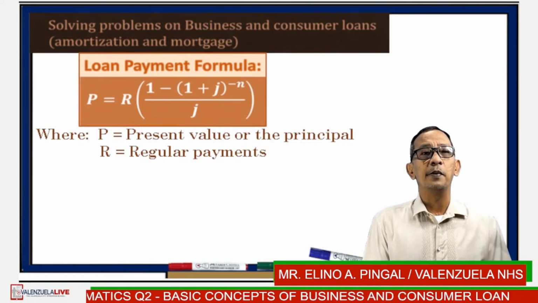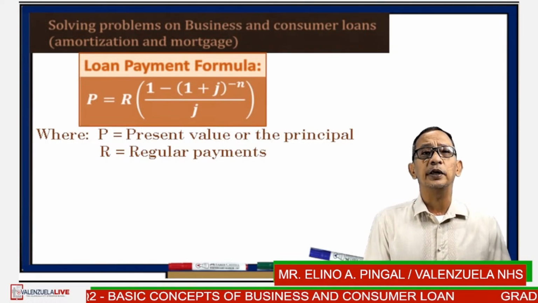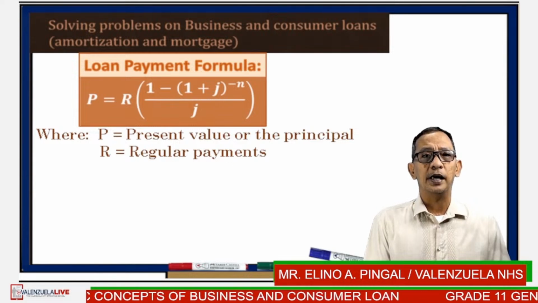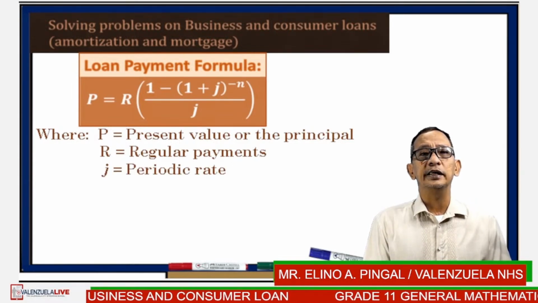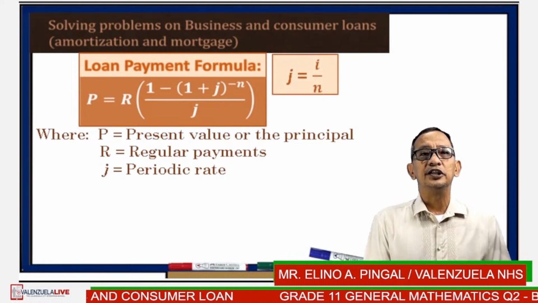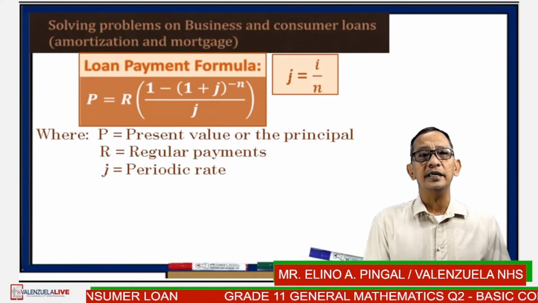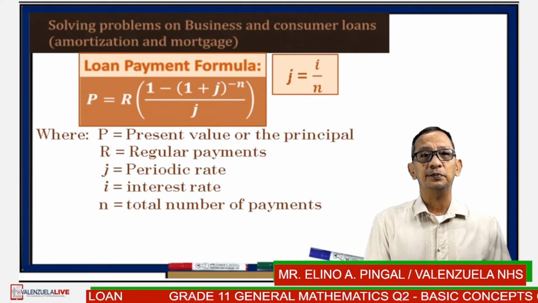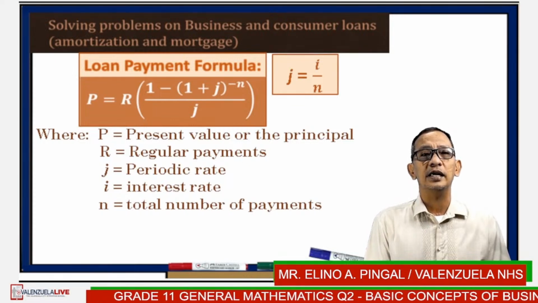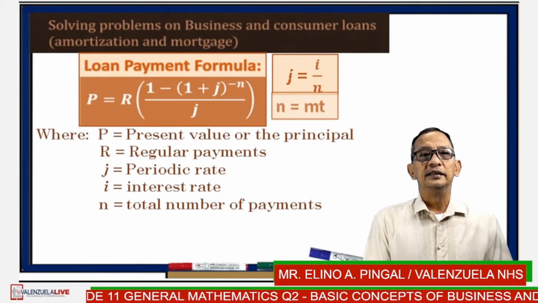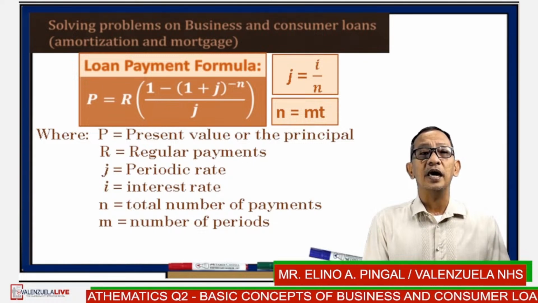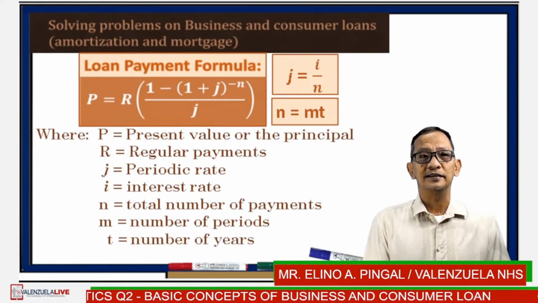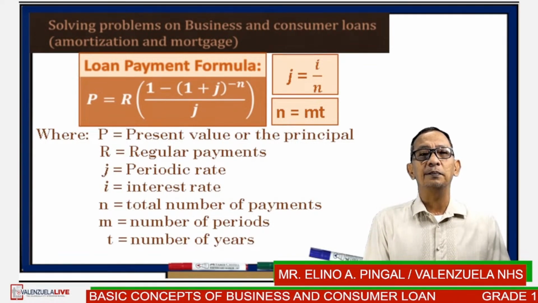Now let's have the nomenclature where P is equal to present value or the principal, R the regular payments, J the periodic rate, J is equal to i over m, where i is the interest rate per annum and n is the total number of payments, where n is equal to mt. Do you know what is m? m is the number of periods and t the number of years.